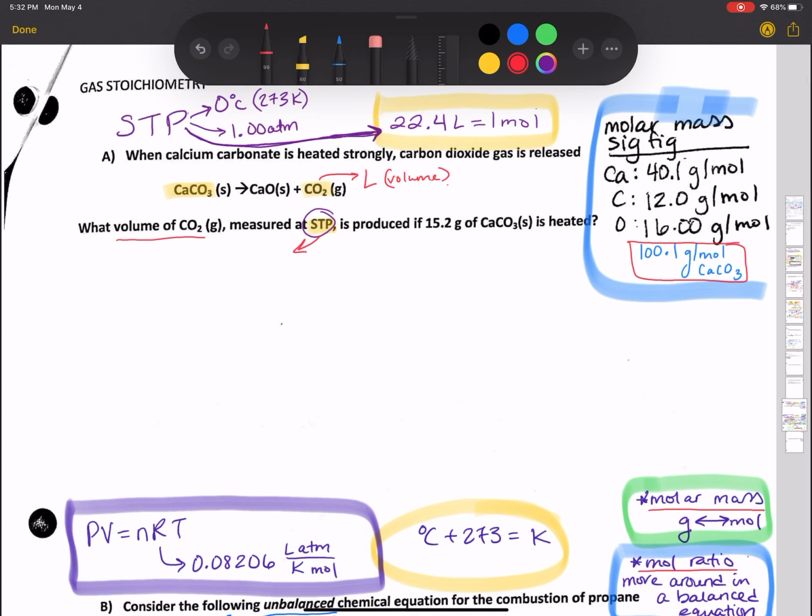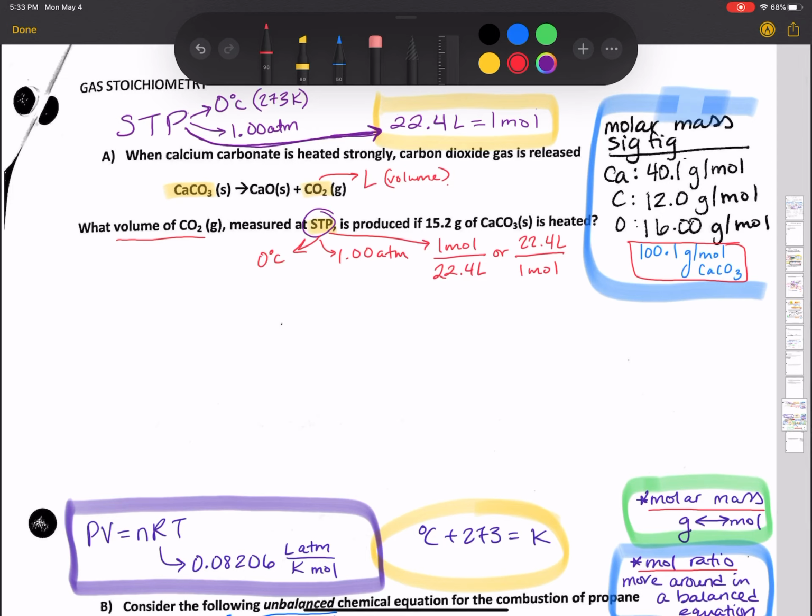Automatically I know my temperature is 0 degrees Celsius, my pressure is 1.00 atm, and I have the opportunity to use a conversion factor if necessary, which is that 1 mole of anything will equal 22.4 liters of that thing. I'm going to write out my other possible form of the conversion factor just as a reminder.